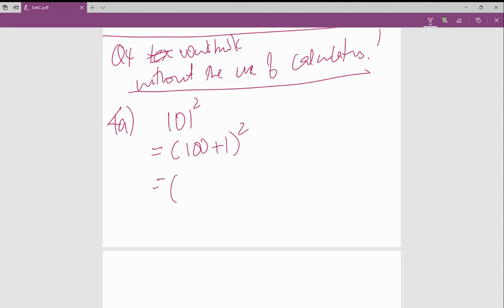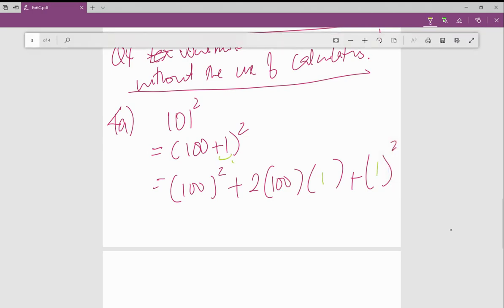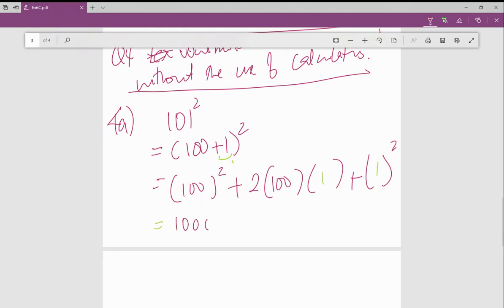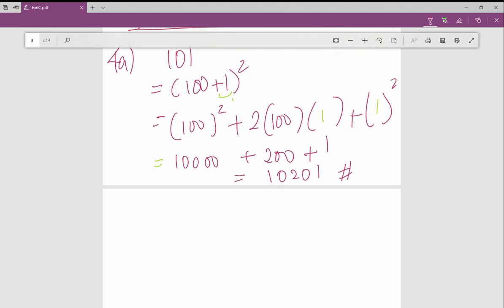And this equals a squared plus 2ab plus b squared. a is 100 and b is 1. So if I were to use this, 100 squared is 10,000, plus 200, plus 1. So the answer is 10,201. This is how to do it without the use of a calculator.